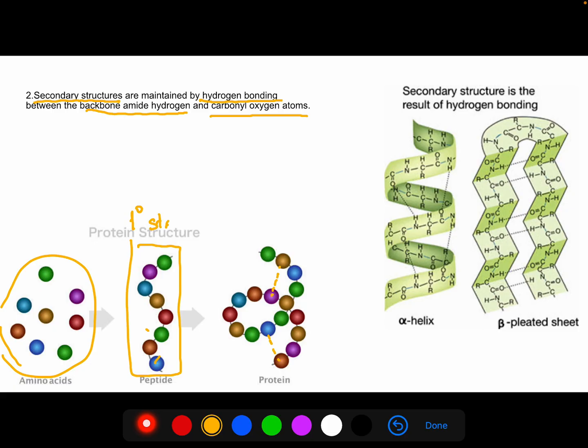So when we look at here, those are the hydrogen bonds. The amide hydrogen is coming from this nitrogen, right? This hydrogen is bonding to the carbonyl oxygen, this double-bonded oxygen. So the double-bonded oxygen is connecting to the hydrogen of the nitrogen.